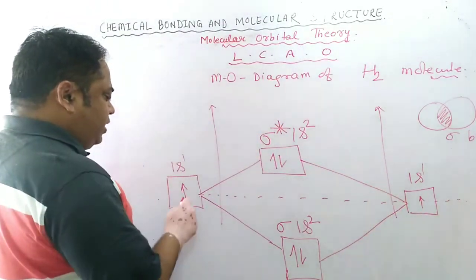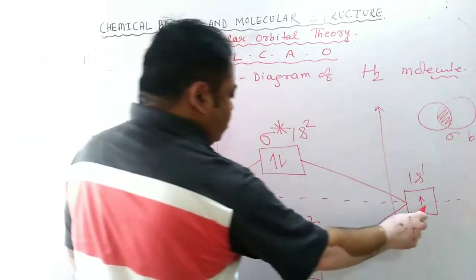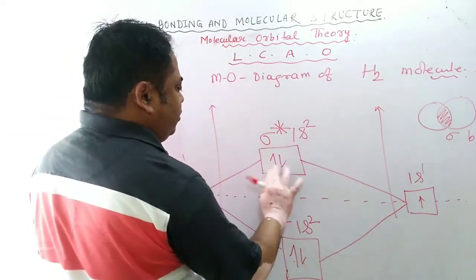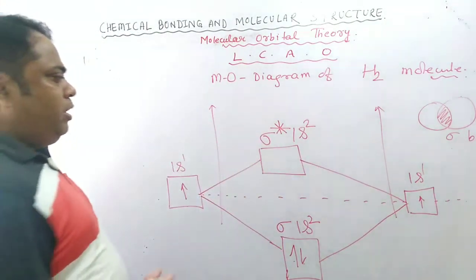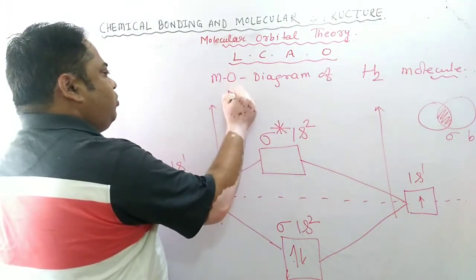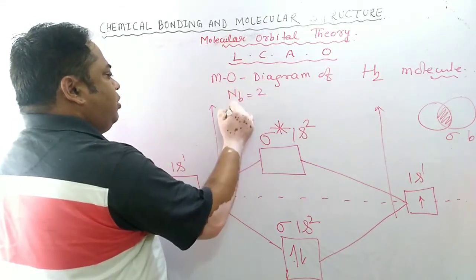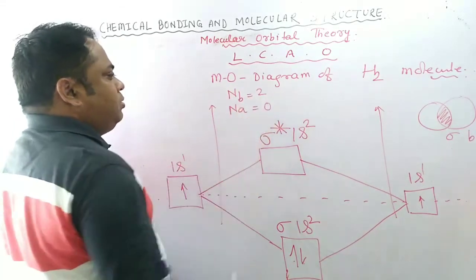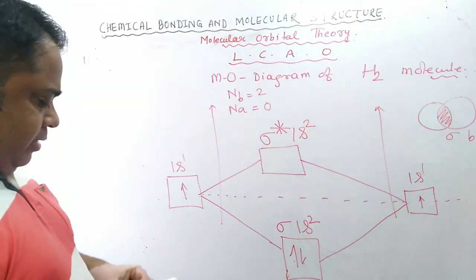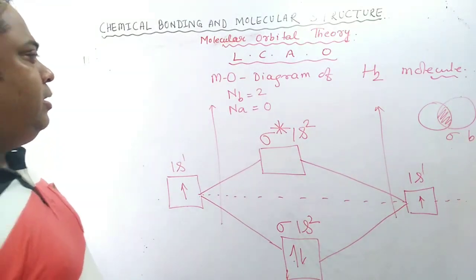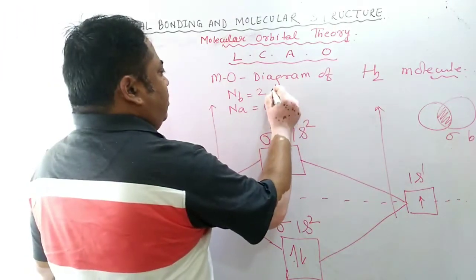But then how many electrons are there? 1 and 2. So we will fill up 2 electrons, and this electron will not be there. So how many bonding electrons are there? Number of bonding electrons is equal to 2 and number of anti-bonding electrons is equal to 0. Whether the bond will be formed or not can now be mathematically calculated, which was not possible in other theories.